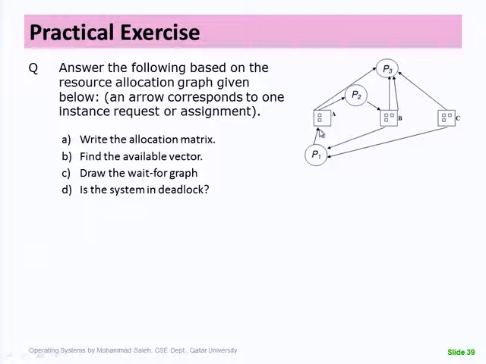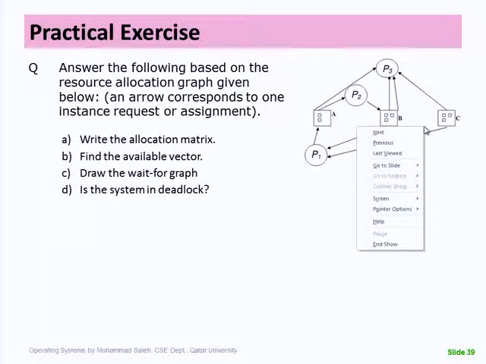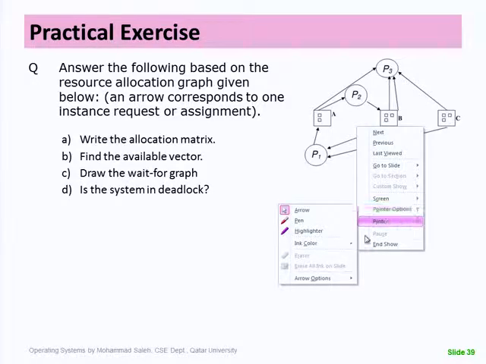P1 is using one resource of A, right? So my first row in the allocation matrix will be 1, 0 of B, or there is, in fact, P1 is only using one resource of B and one resource of C. That's the assignment, correct?